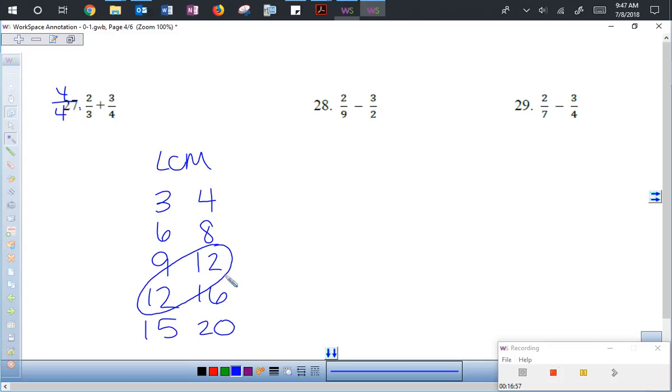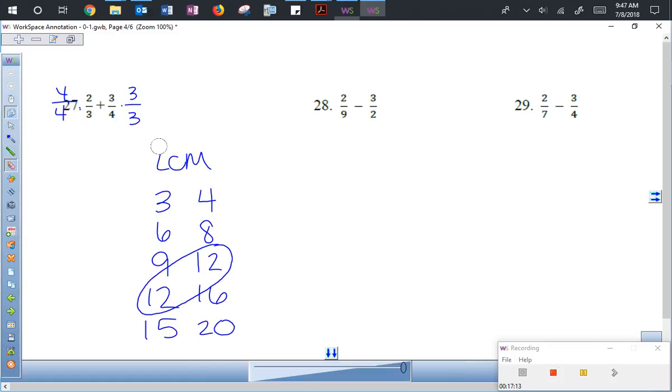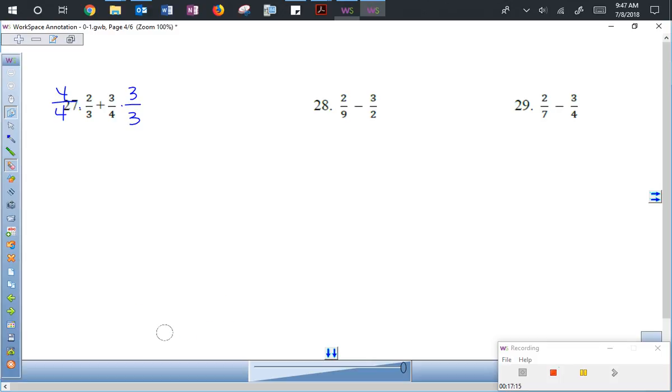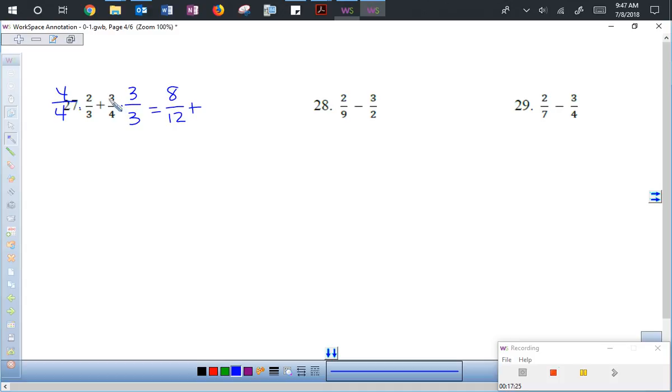To turn a 4 into a 12, we have to multiply it by 3. So that means my second fraction, I need to multiply by 3 over 3. So let's see what I get when I do that. My first fraction, 4 times 2 is 8. 4 times 3 is 12. Plus 3 times 3 is 9. 4 times 3 is 12.